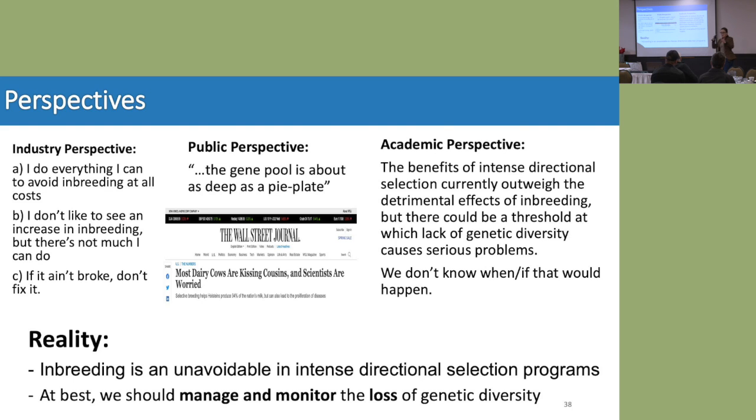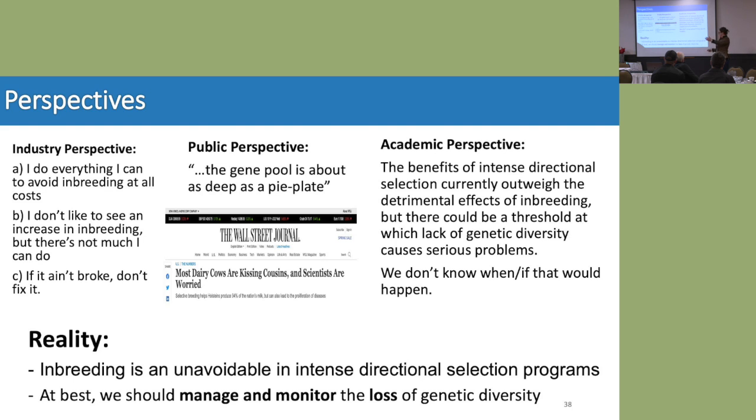What does that mean? When we're going for a goal, intense directional selection, we have a direction because breeding organizations set the breeding objective. That's what breeding organizations do. So you have to have a direction that you're moving in, and we're moving intensely in that direction, and our genomic train is going there very fast. Okay? That's reality number 1.